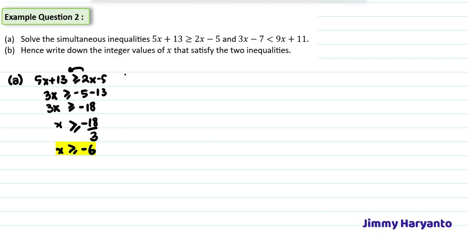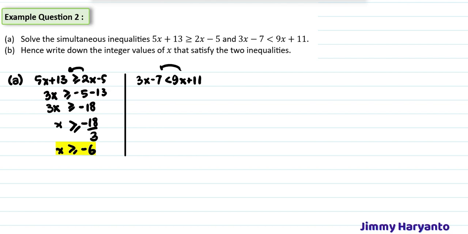This is the first answer, and then the second answer will be this one. 3x minus 7 is less than 9x plus 11. I will move the 9x, I will move the 7. So 3x minus 9x less than 11 plus 7.